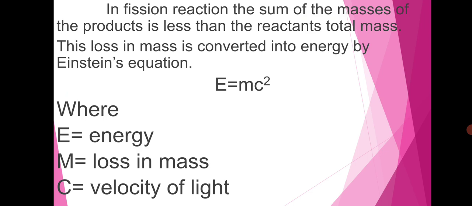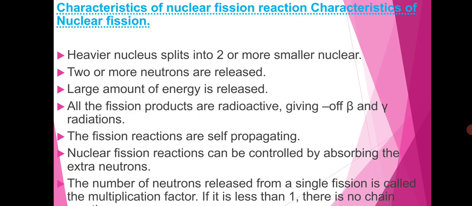In fission reactions, the sum of the masses of the products is less than that of the reactants. Therefore, the loss in mass is converted into energy with the help of Einstein's equation, E is equal to mc squared. Here, E indicates energy, m means loss in mass, and c is the velocity of light.